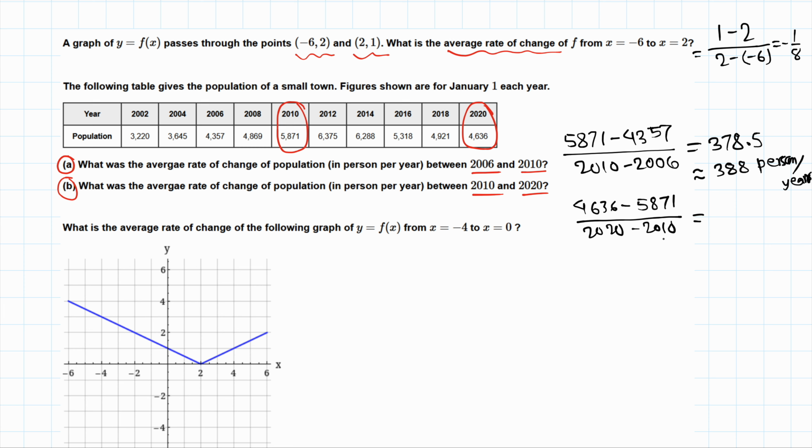Subtract, and divide by 10. It's going to be negative, which means the population is decreasing. That's why it's negative 123.5. So that will be -124 persons per year.